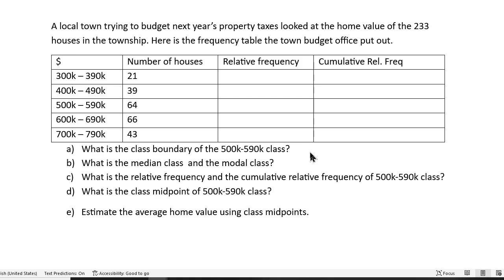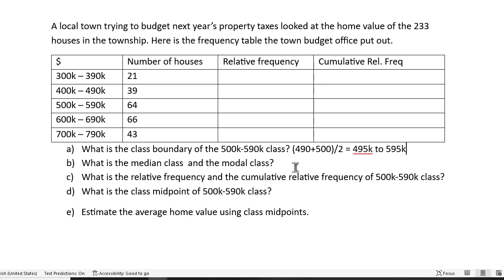So to find the lower class boundary, we take the average of these two: 490 plus 500 divided by 2, and that gives you 495K. And the upper one, if you do the same thing, 590 plus 600 divided by 2, you're going to get 595K.